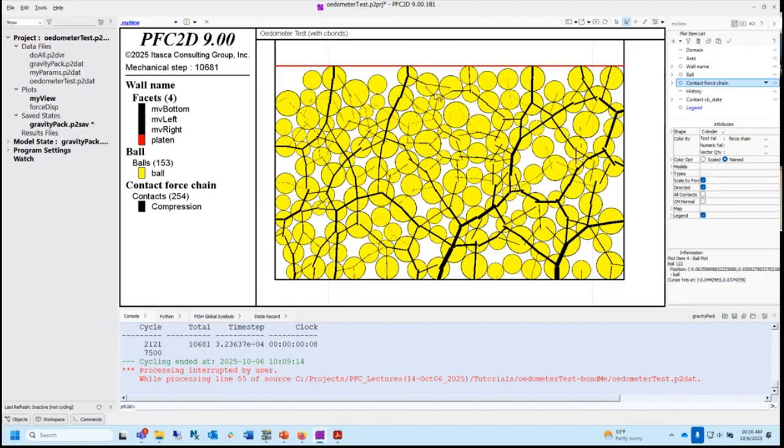Like if you squeezed it and you had very little confinement, most of the forces are going to be lined up and down, and you're going to have more contacts oriented up and down and less contacts oriented this way. And so then if you put in cement, you're going to have less contacts this way, which means if you measure the stiffness this way, it'll be smaller than if you measure the stiffness this way.